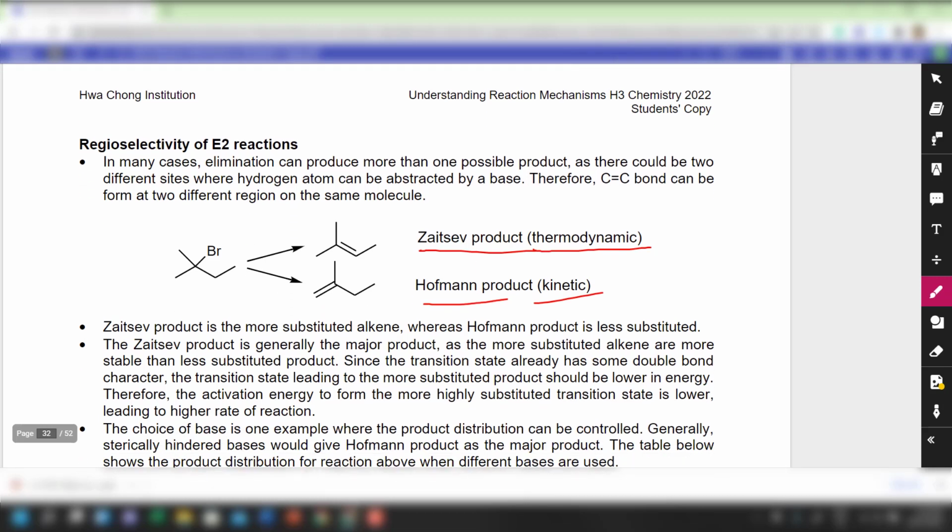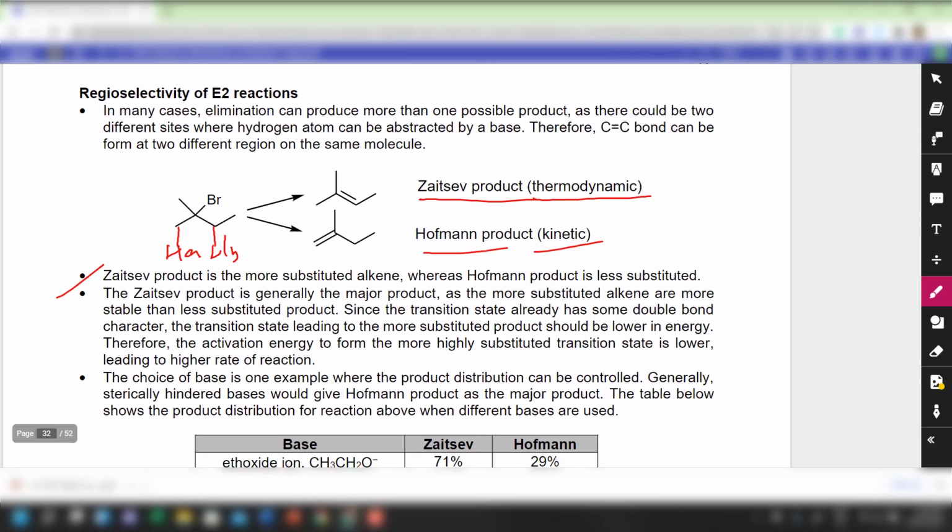Either the alpha or the beta hydrogen, either HA or HB, will really depend on the nature of the base used. So I think the second bullet point is trying to tell you that the Zaitsev product is more substituted, Hofmann is less substituted. So one is thermodynamically more stable, the other one is kinetically more stable.